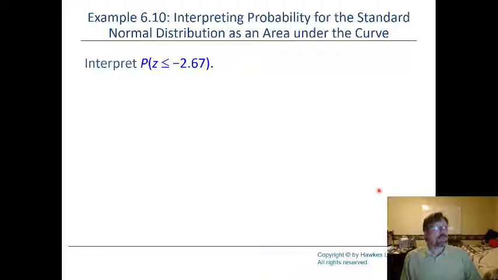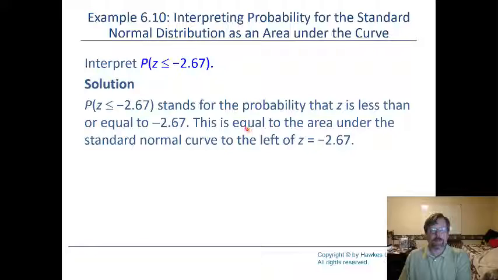So again, this is vocabulary here. What is the probability that z, whatever it is we're looking for, is less than or equal to negative 2.76? That is going to be the area under the standard curve to the left of negative 2.76.